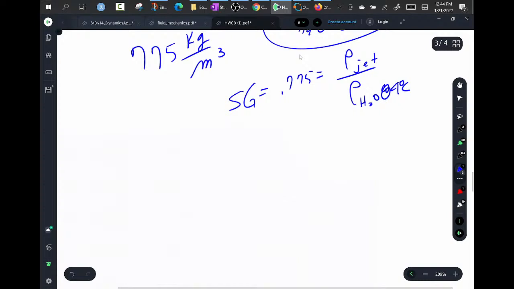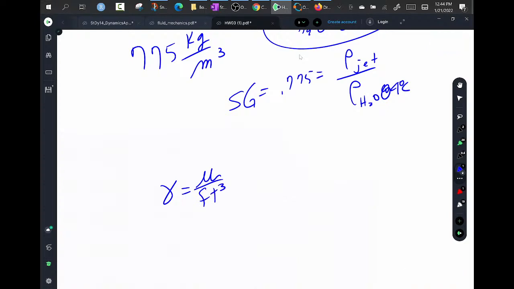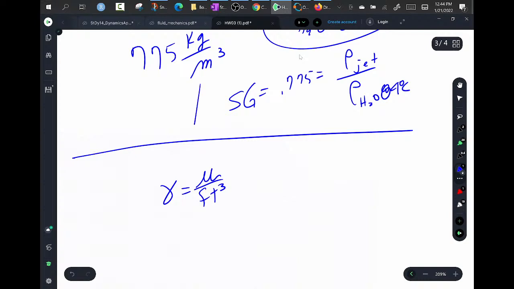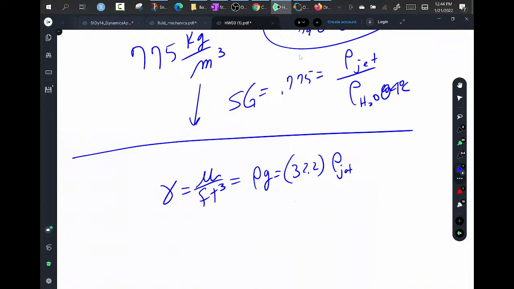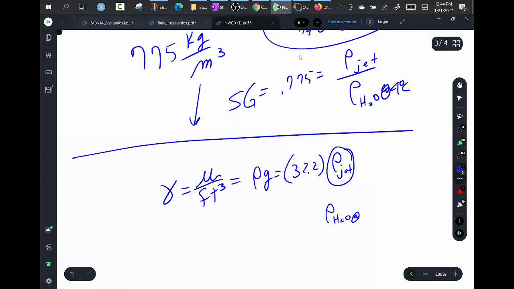You could go on and say, now I want to know specific weight in pounds per cubic foot. Now, what might happen to you is you might say, I want to convert kilograms to slugs and things like that. Or you might say, okay, it's nothing more than rho G. G is 32.2, and rho of the jet fuel is nothing more than specific gravity times rho of H2O at 4 degrees C. Well, here, let me do it this way.